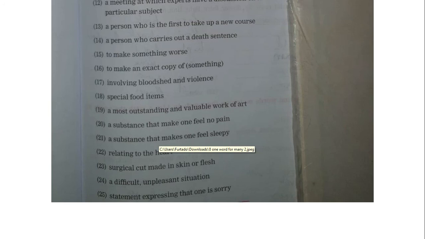A most outstanding and valuable work of art. A substance that makes one feel no pain. A substance that makes one feel sleepy. Relating to the heart. Surgical cut made in skin or flesh. A difficult, unpleasant situation. A statement expressing that one is sorry.